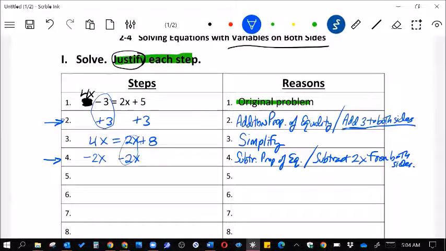It could actually be said differently because in reality, subtraction is just something we've constructed. It doesn't exist as a separate thing. Subtracting is actually adding an opposite number. So it's adding negative 2x to both sides.